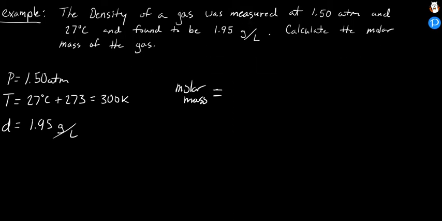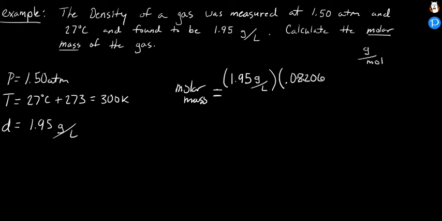Remember, the units for molar mass in the end are grams per mole. So let's make sure that when we do the math, our units cancel out to give us grams per mole. So we've got the density, which is 1.95, with units of grams per liter, times our gas constant, which you probably don't remember the units for.